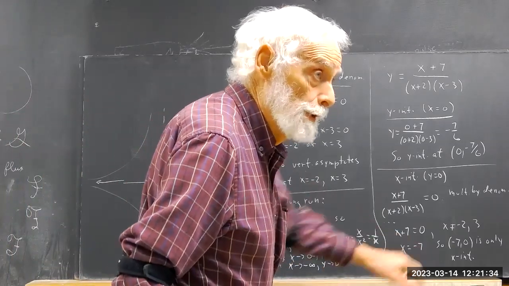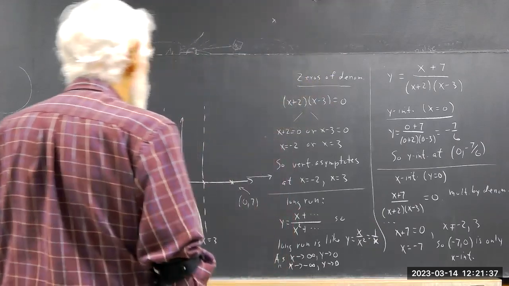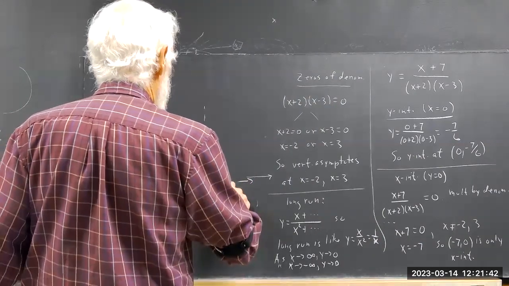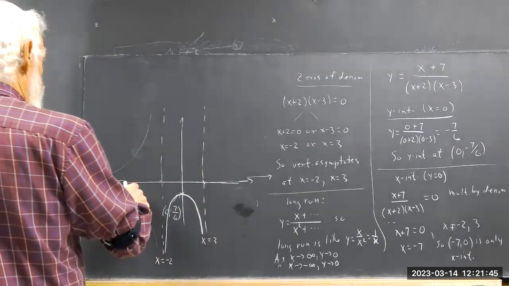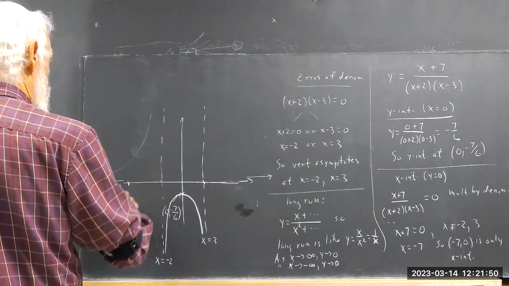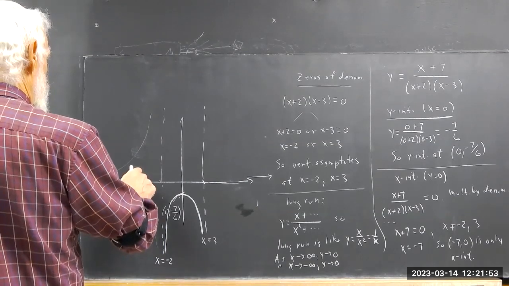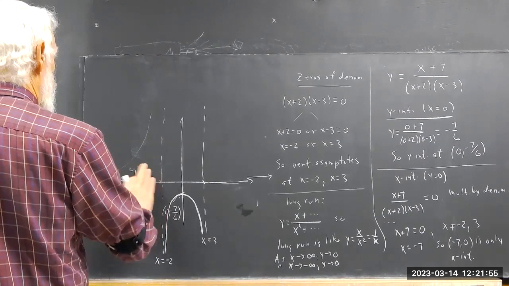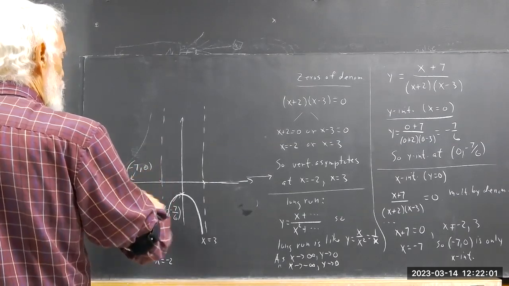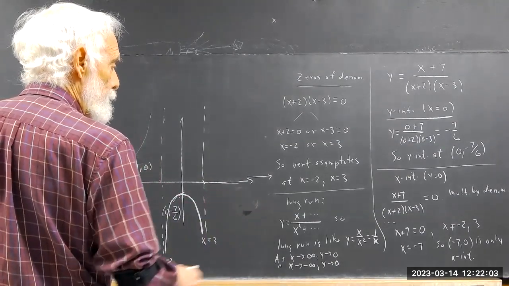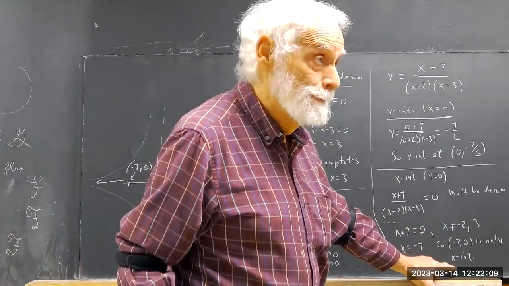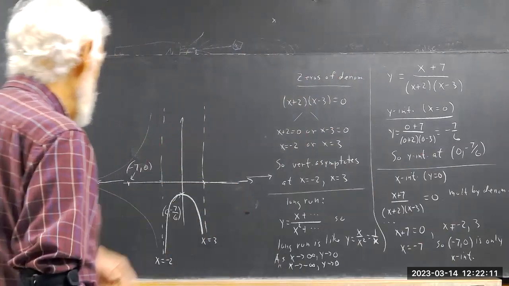Notice my solution here was x equals -7. Not only did I label that backwards, even though I said -7, 0 is the only x-intercept, I turned it around and put it on the positive axis.